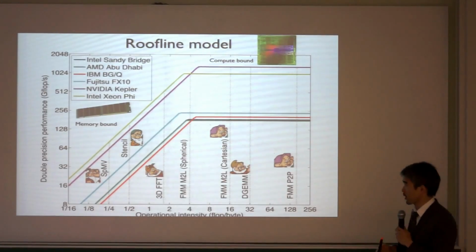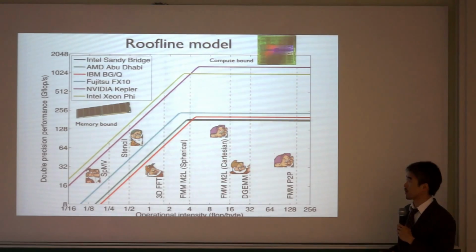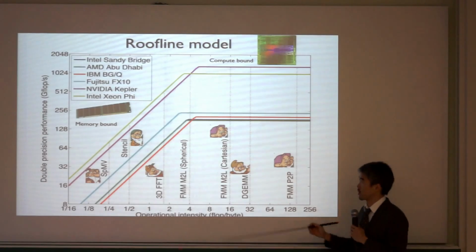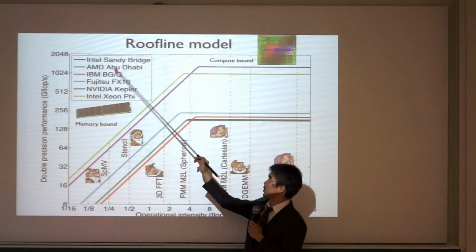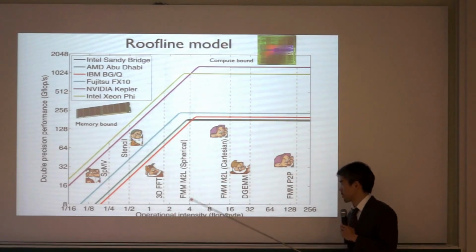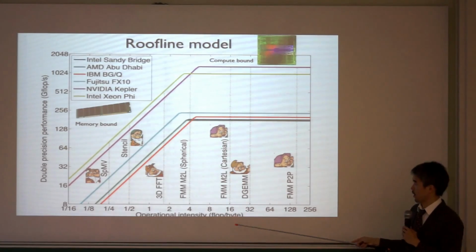The reason why these fast multipole methods work so well on GPUs and other architectures like FX10 or BlueGene/Q is because of the number of floating point operations it does per byte that it loads.